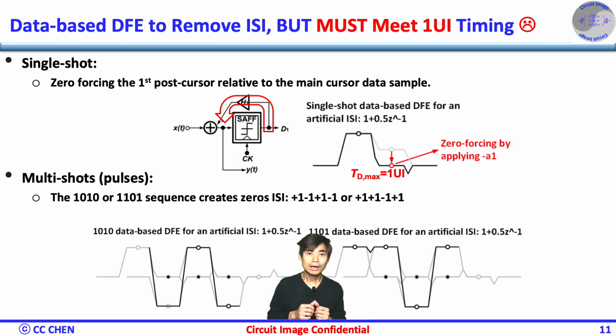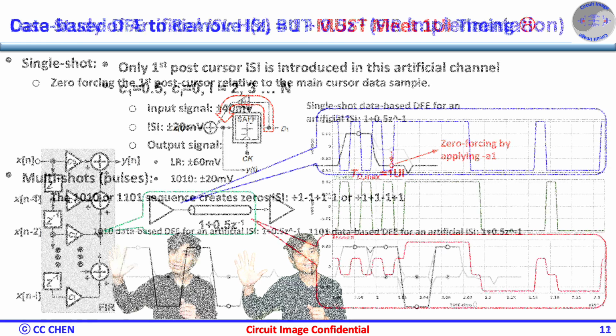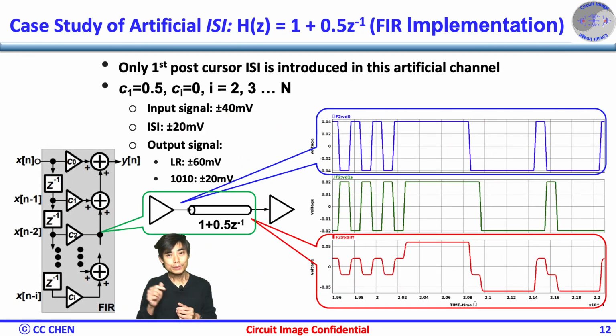Okay, after understanding the single shot and multiple shots concepts, how do we implement the artificial ISI? Think about the super precision image for 5 seconds. Correct. The super precision implies the FIR implementation you already know.